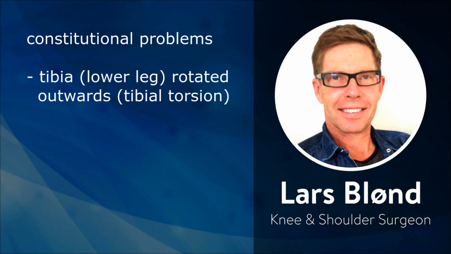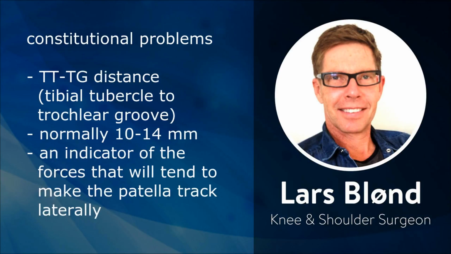A very popular expression is the TTTG distance, or the tibial tuberosity trochlear groove distance. This distance is measured on CT or MRI scan, and it tells you how much the attachment point of the patellar tendon, also called the tibial tuberosity, is away from the trochlear groove.